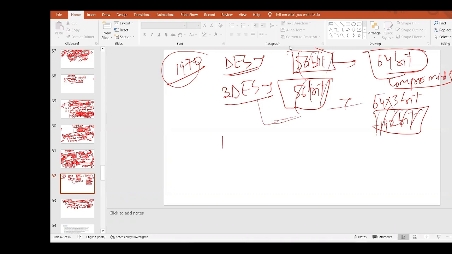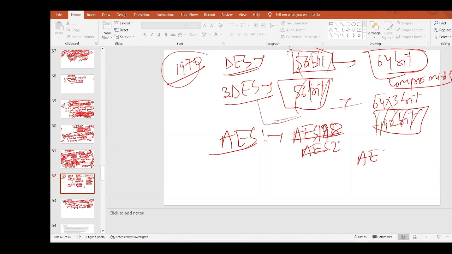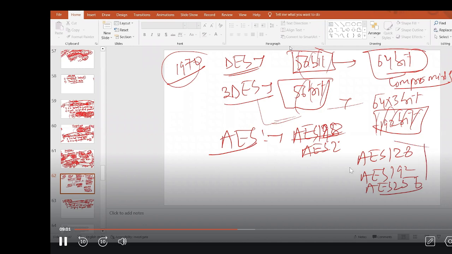Then again, AES came, Advanced Encryption Standard. It has some kinds like AES 192. So AES is what is actually used nowadays.